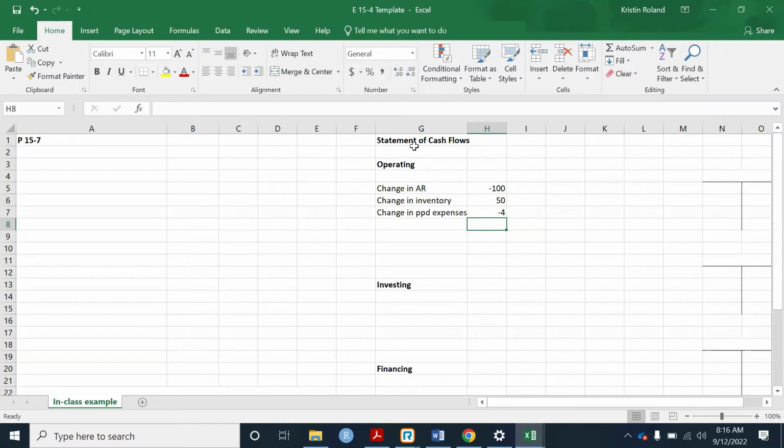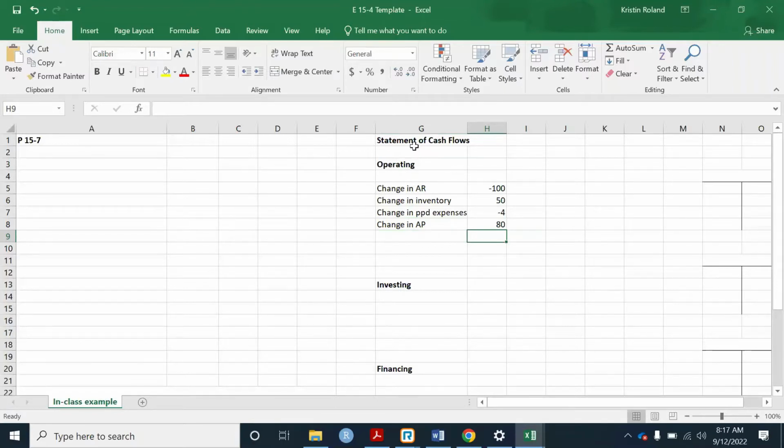Okay, so I'll keep working my way down. I have accounts payable. Did it go up or go down? It went up. So what am I going to do with it? Increase, right? In which section? Good. How about accrued liabilities?